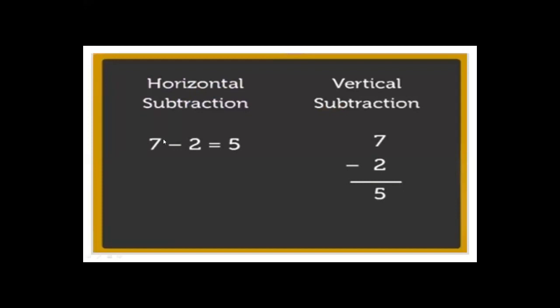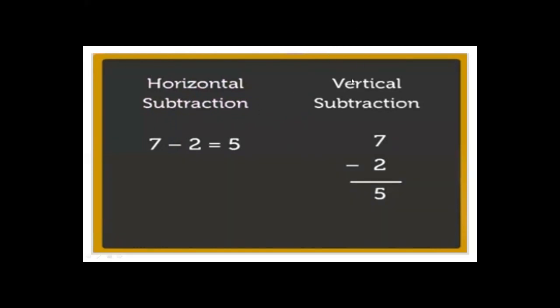In horizontal, we write the total number first, 7, then put the subtraction sign on the right side, then put the other number and then put the equal sign, and then write the remaining or left number, the answer, after the equal sign. So this way is called horizontal subtraction.